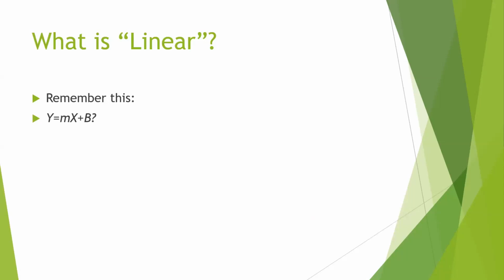So what determines linear? Remember, this is y equals mx plus c. As I told you, you have already studied this equation of a line in class 10th. This is where you have linear regression: b was the intercept and m was the slope of a line.